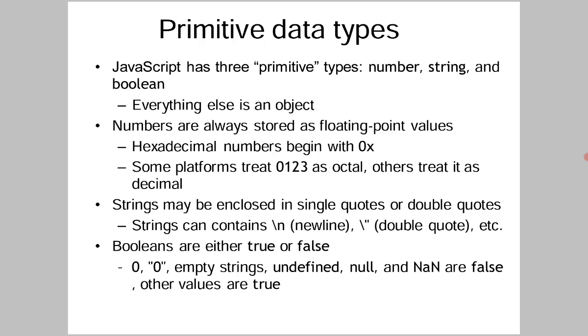The boolean data type is used to store either true or false values, or yes or no type of values.